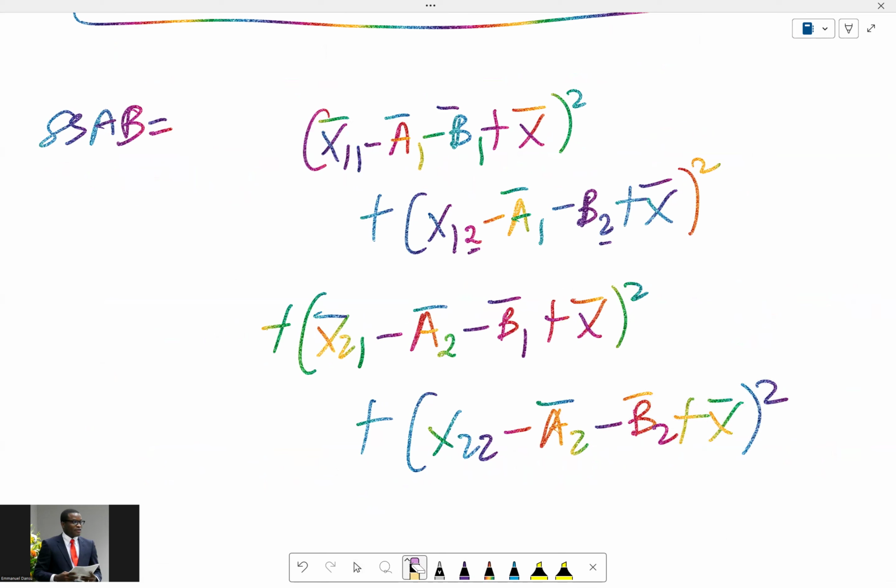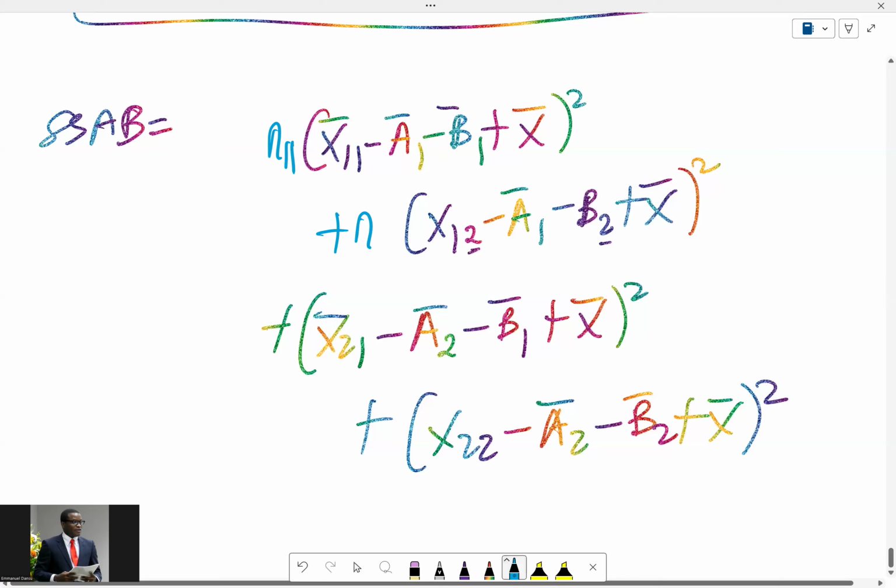So this should be n11 multiplied by all that, then plus n12, in alignment with all this. Then the n goes in, so this is n21. Interestingly, in this case, everything is 5.